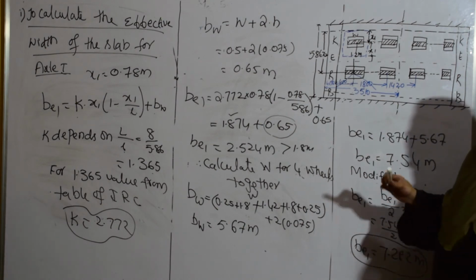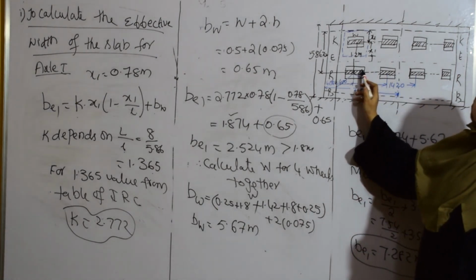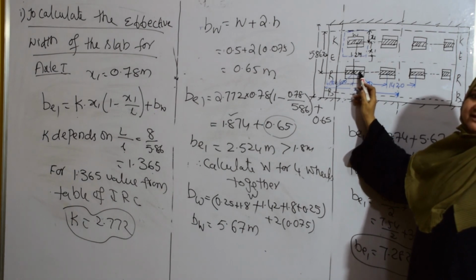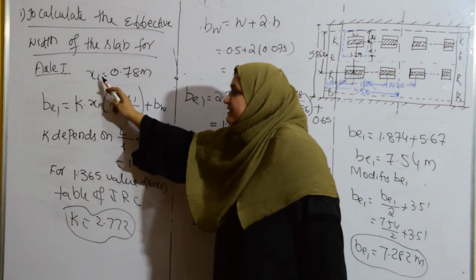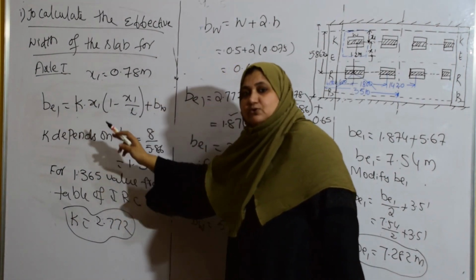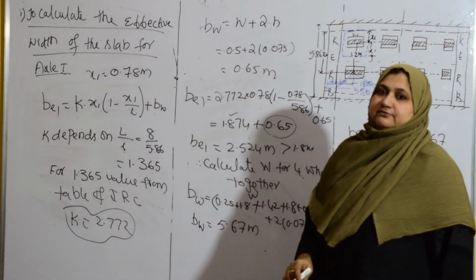The same way we have to calculate for the second axle. Same steps. I just remove X1 and replace it by X2, E1, BE1, BE2. So let us do that.